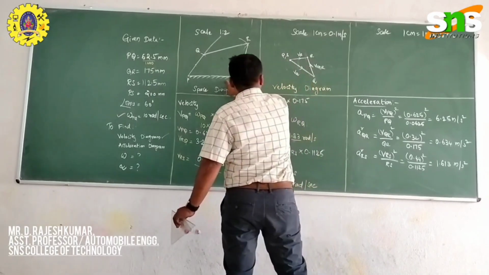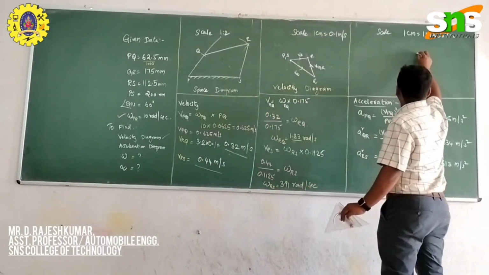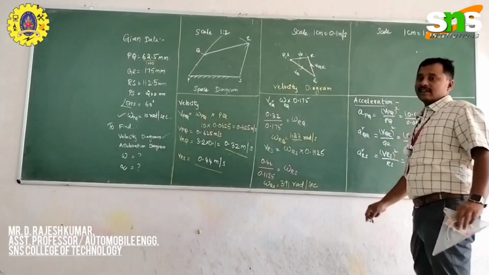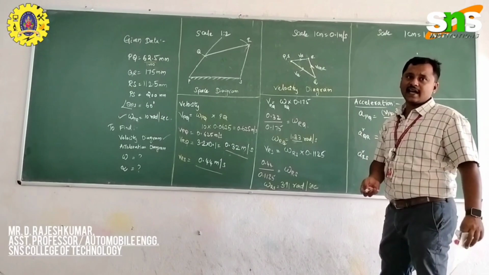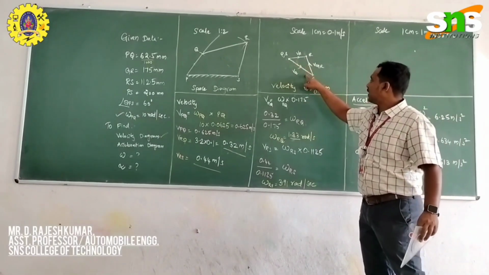What is the first thing here? PS. PS is already fixed. So I am marking a point somewhere in the space. Then for this line I am going to construct a perpendicular line. What length do I have to draw?